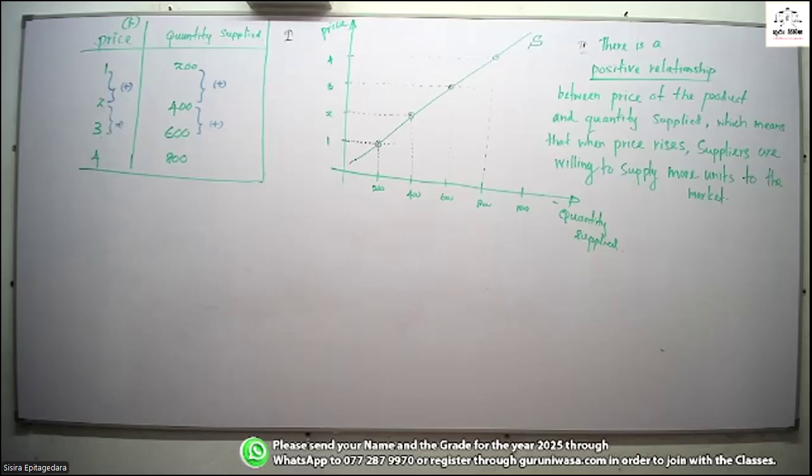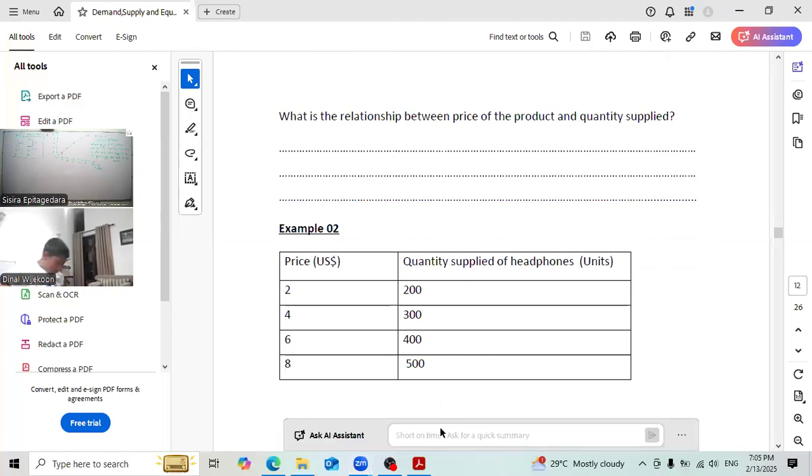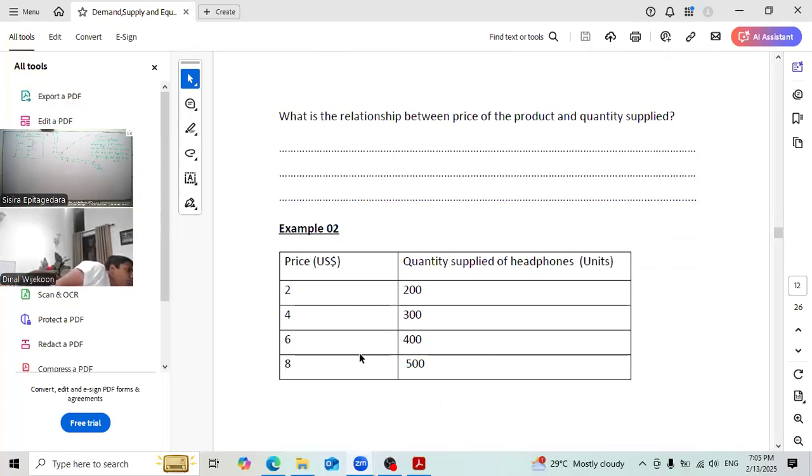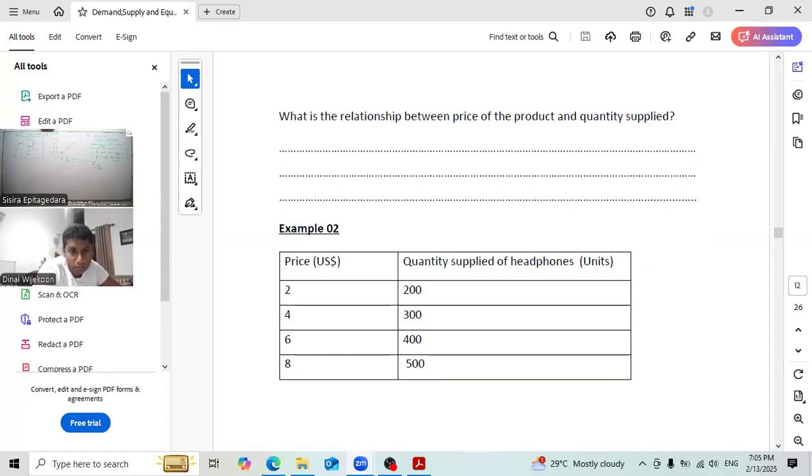Finish? Yes. Okay. Let's move to example number 2. This is the first example. Now, before drawing the graph, look at the table, Dinal. First column stands for price.